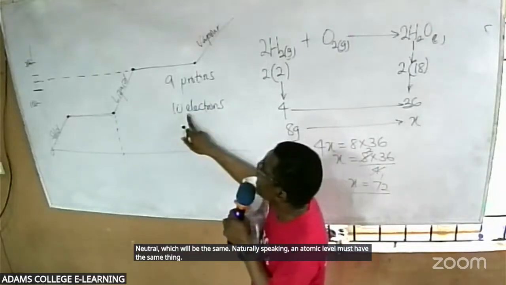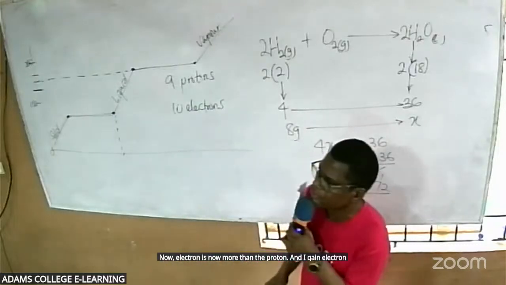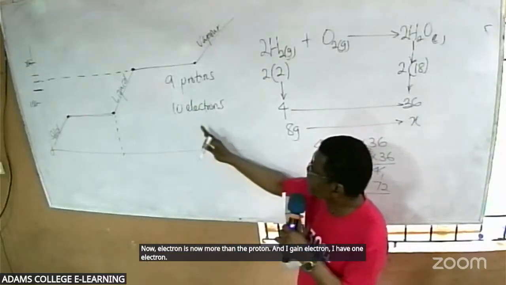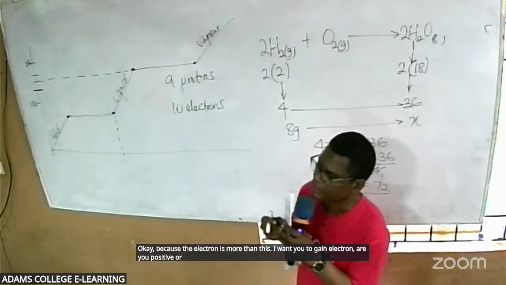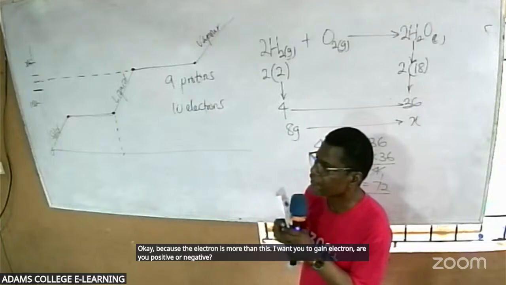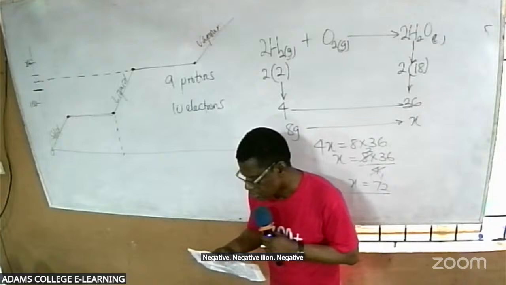Now, electrons are more than the protons. What does that mean? Have I gained electron or lost electron? I've gained, because the electrons are more than the protons. And when you gain electron, are you positive or negative? Negative. Negative ion. So that's why it's A or B.